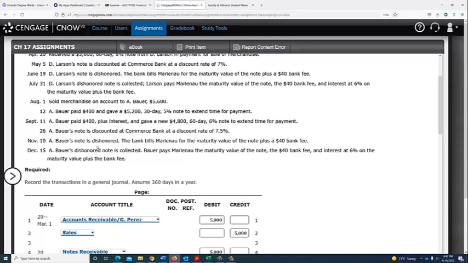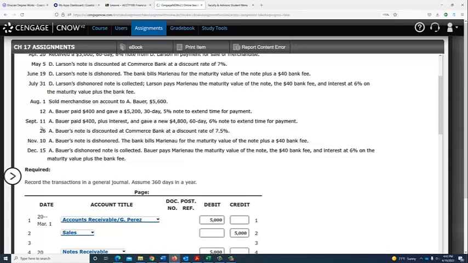So 4,800 times 6% times 60 divided by 360. So the interest was $48. So the maturity value is 4,800 plus 48, 48. Now that amount was discounted at 7.5%, but we now need the discount days.